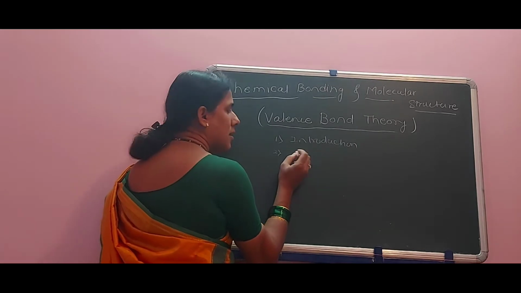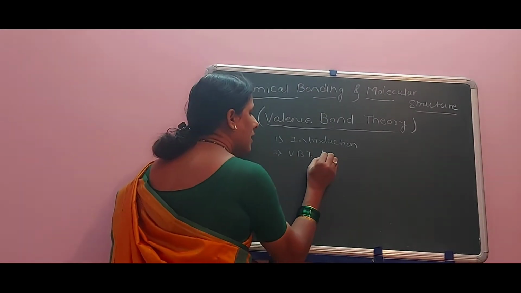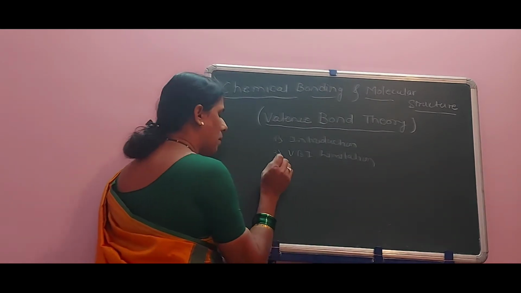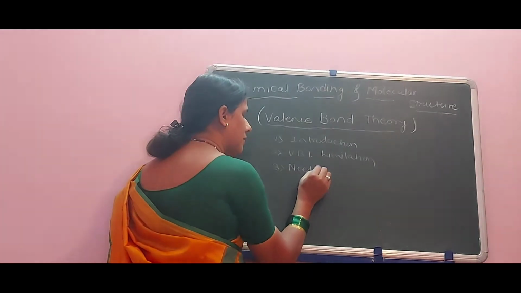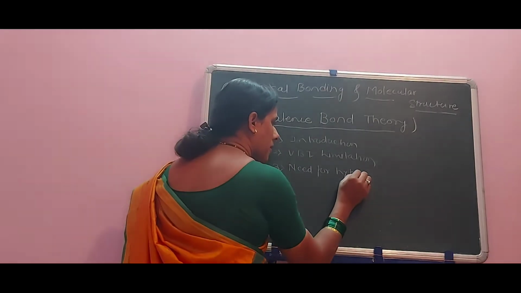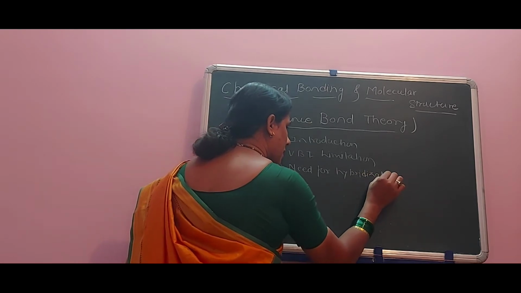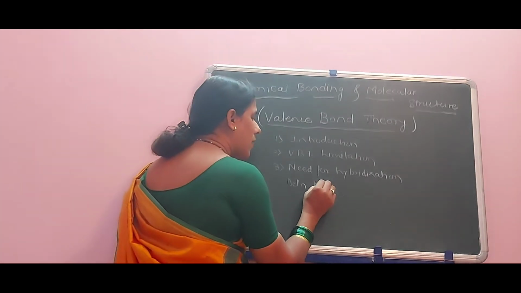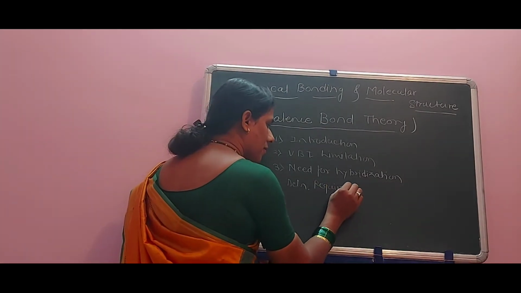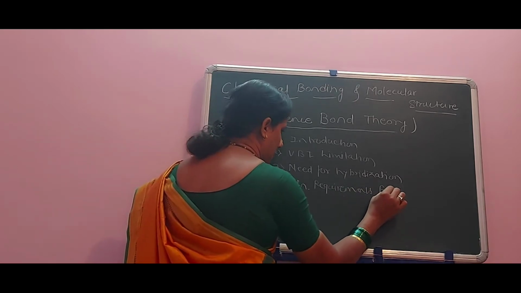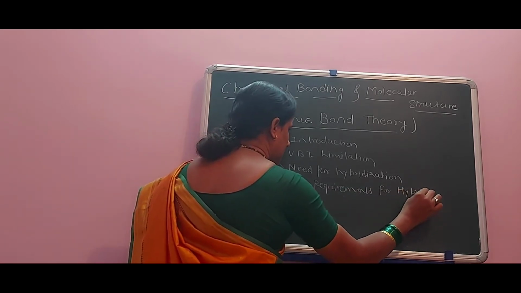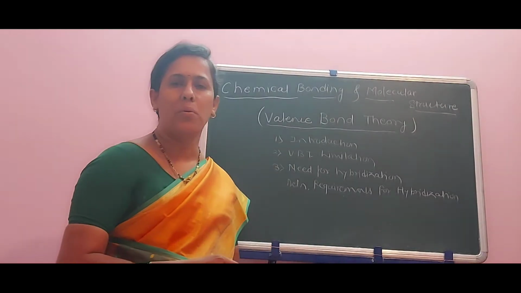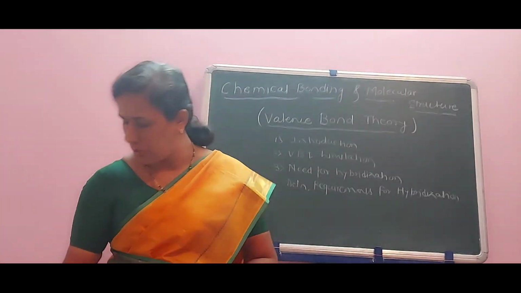Second point is about valence bond theory and its limitations, and third point is about the need for hybridization, its definition, and requirements for hybridization. Okay, these points we have to discuss here. So let us start with the introduction point here.